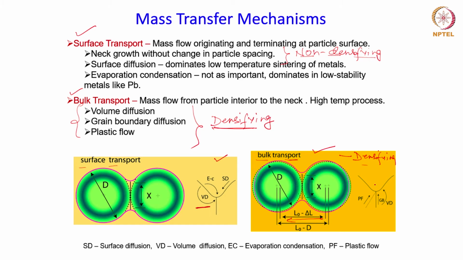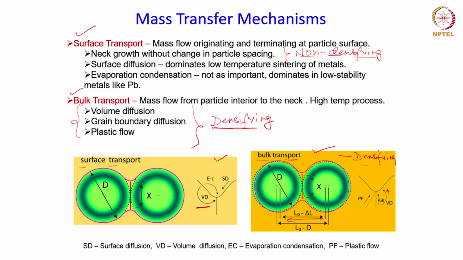And here you can see their paths also as to how they lead to material flow towards the neck. Volume diffusion or lattice diffusion, as it happens in the bulk, is leading the atomic diffusion from the bulk or the lattice of the material towards the neck region, as you can see from here.